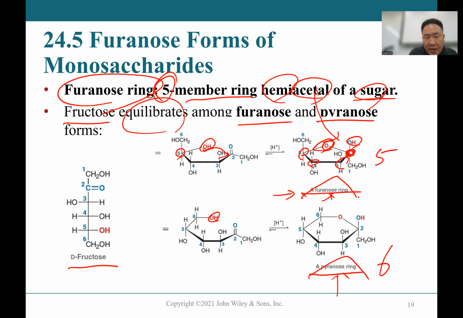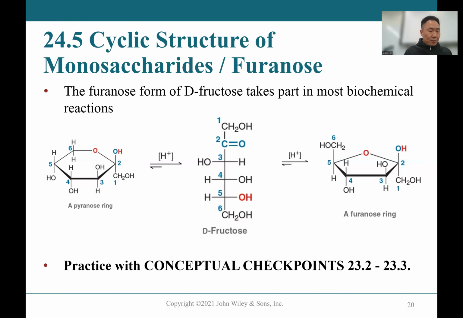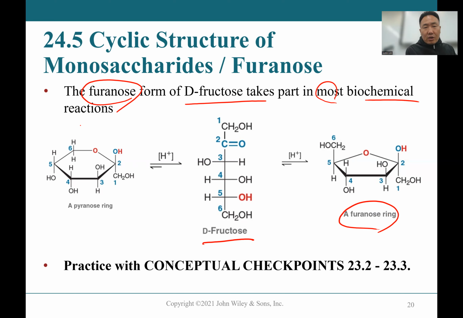And the OH group on C6 attacks the carbon to generate the pyranose ring. So the furanose ring forms in fructose. Fructose takes part in most biochemical reactions.